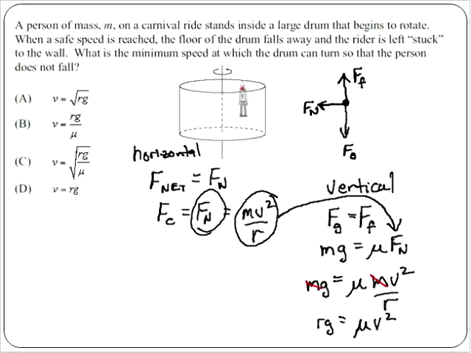So that tells me that v squared is equal to r times g over mu, which means v equals the square root of r times g over mu. Now, that obviously is choice C, and that is a pretty tough question, isn't it?